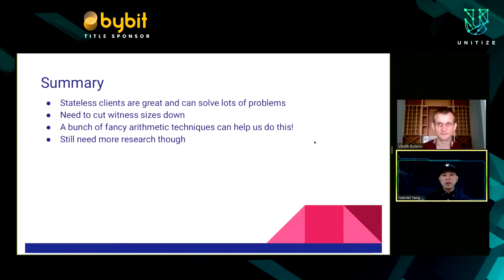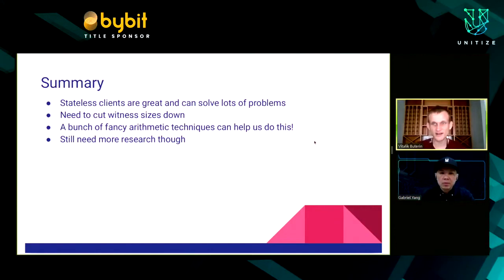Actually, talking about ZK rollup, do you really think it's one of the most promising approaches? In the long term, yes. The benefit of ZK rollups over optimistic rollups is that because ZK rollups rely on SNARKs instead of fraud proofs, you don't need the waiting period for fraud proofs.